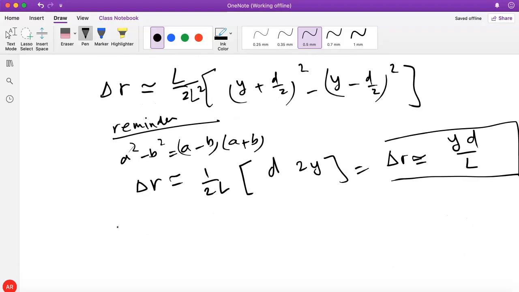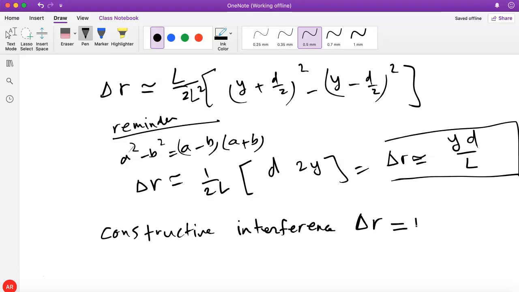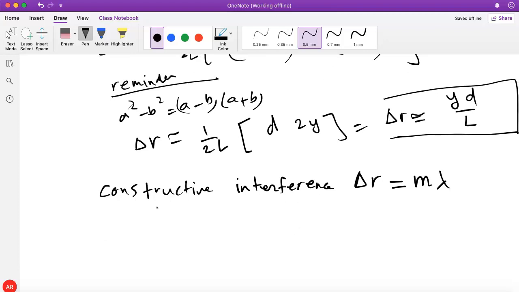Now the condition for constructive interference is delta r is equal to some integer times lambda, right? That's when you get constructive interference. And that means ym, let's say we call these ym corresponding to each integer, there's some distance, times d over L is m times lambda.